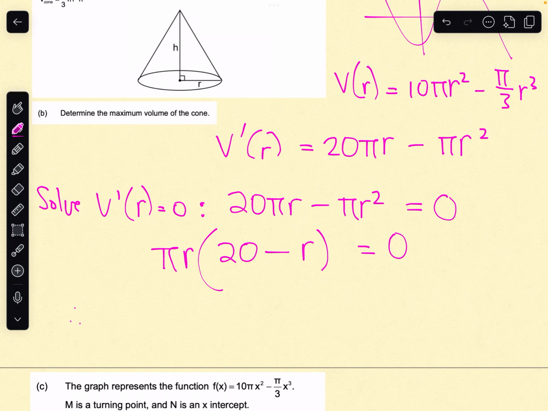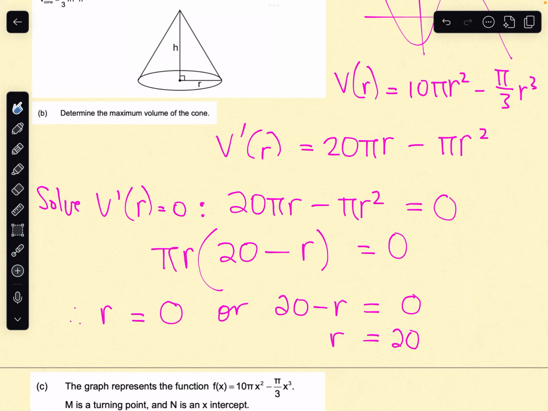So pi is just a constant, so that doesn't matter, right? So either r is equal to 0 or 20 minus r is equal to 0, which would mean that r is 20.